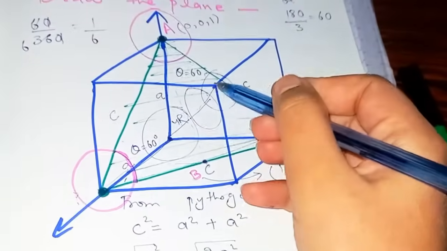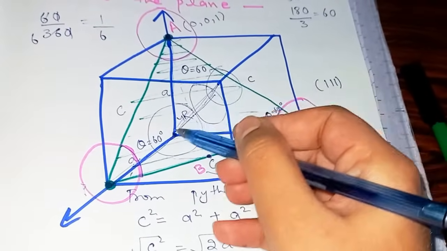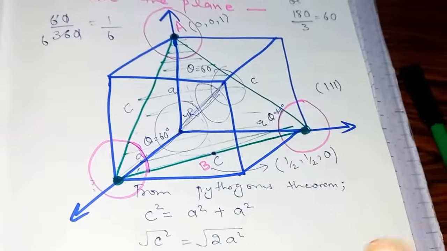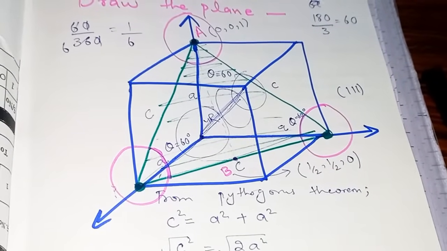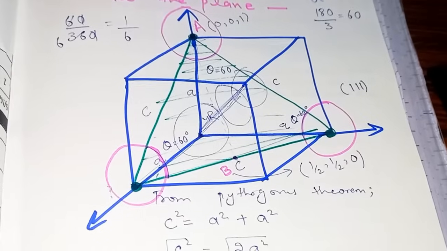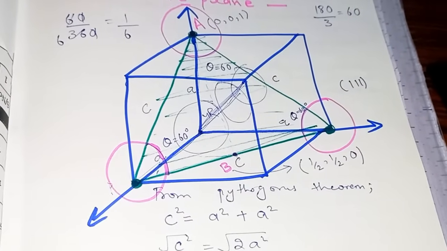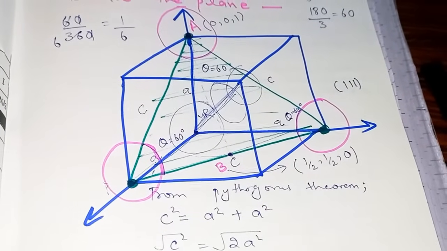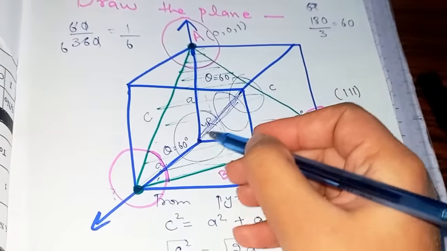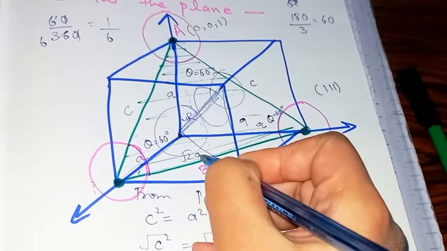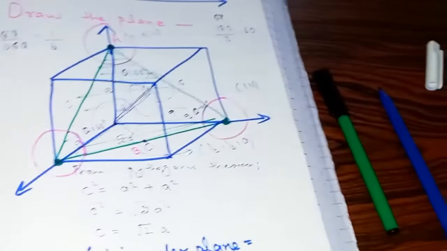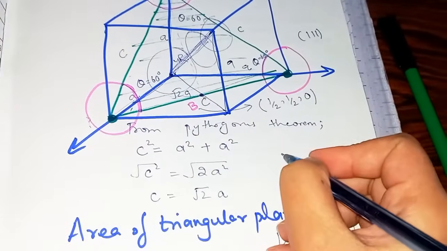Now what is this length in terms of a? If you know the relationship between atomic radius and the lattice parameter in BCC, you can use it directly, but you can even derive it if you forget it. So this is the diagonal length, this is length a, and this length is root 2 a. We can easily calculate this length in terms of lattice parameter as well.